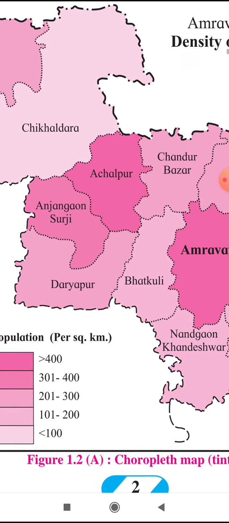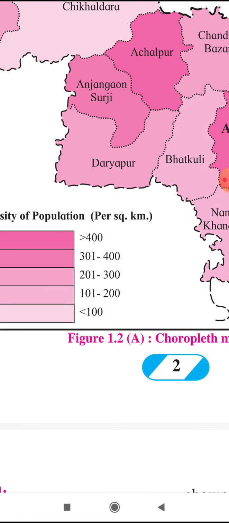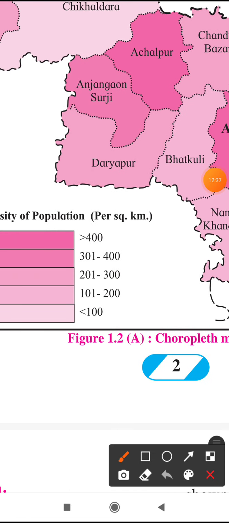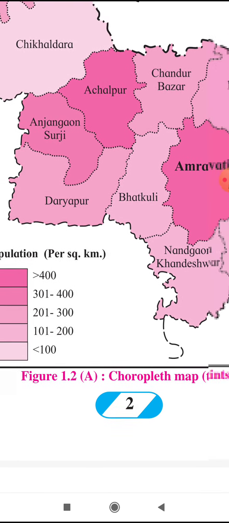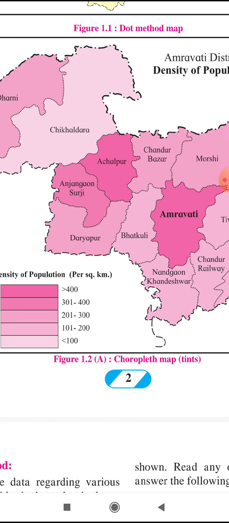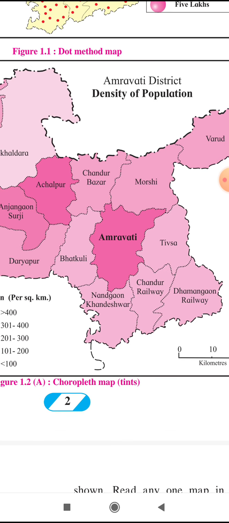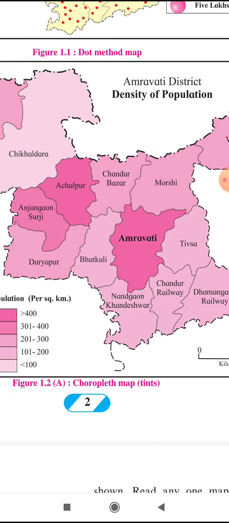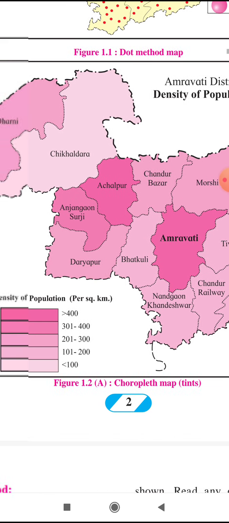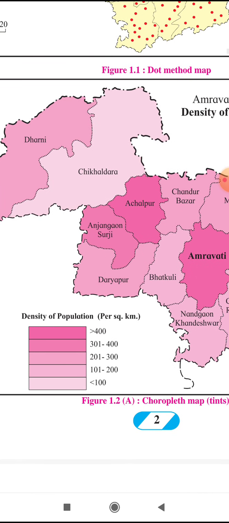Then the next shade shows the value 201 to 300, and most of the talukas here come in this group: Nandgaon, Khandeshwar, Chandur Railway, Dhamangaon Railway, Tiwsa, Morshi, Varud, Chandur Bazaar, Bhatkuli, Daryapur, and here Dharni.